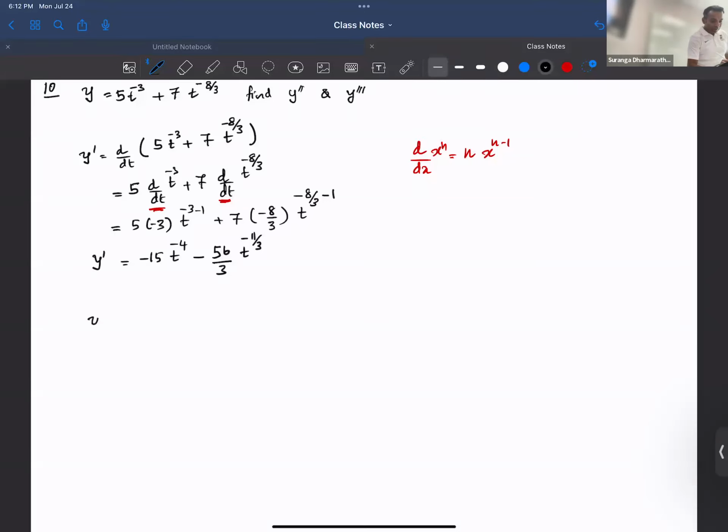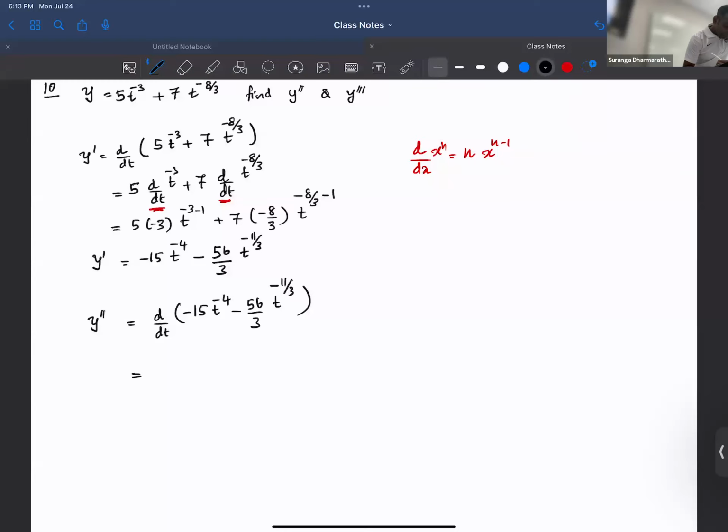And then you want to find y double prime. You're going to do the same thing again: d over dt of -15 t to the power -4 minus 56/3 t to the power -11/3. Now I can distribute this.